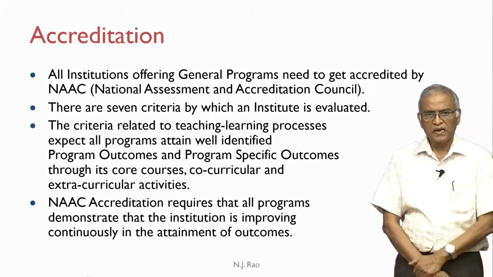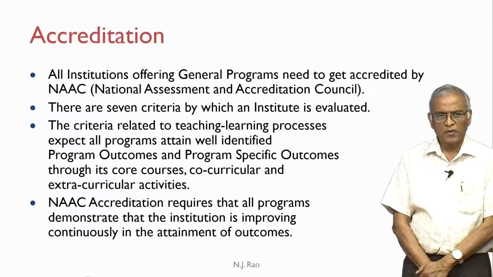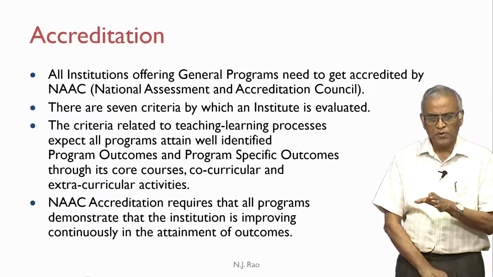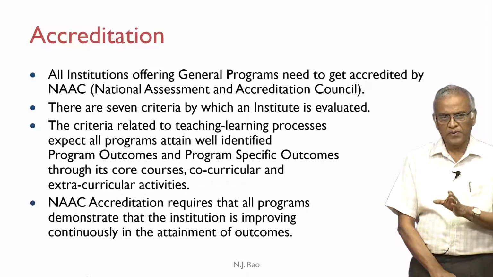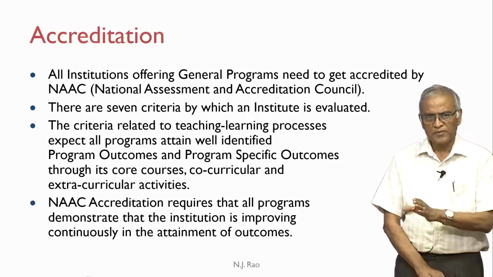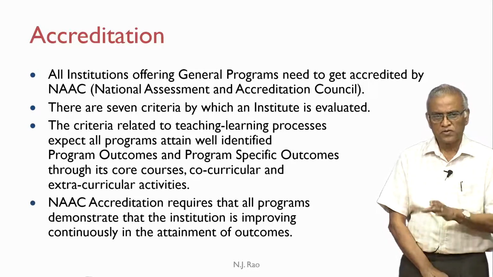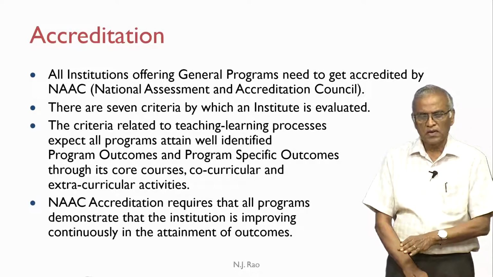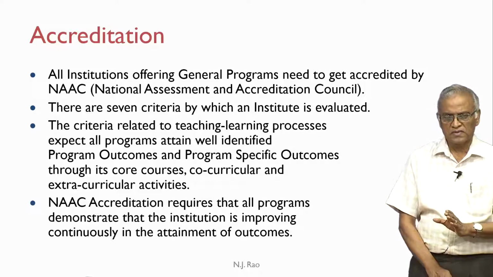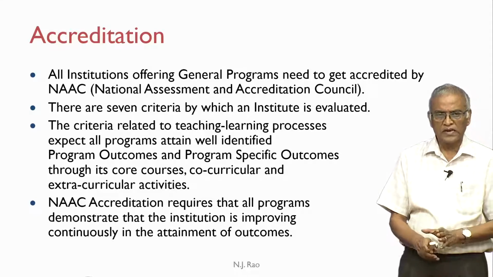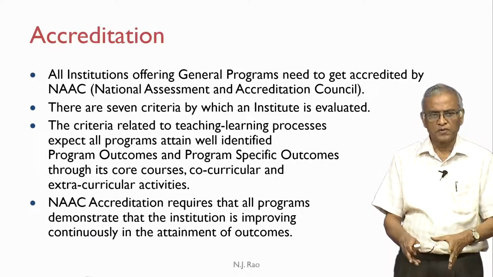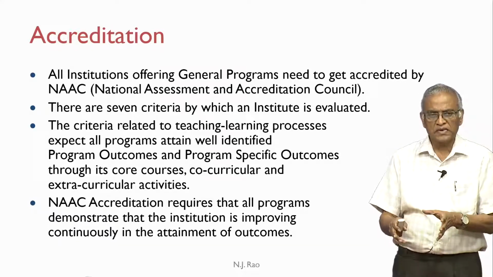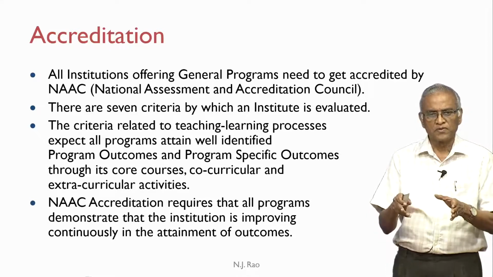And the criteria related to teaching and learning processes expect all programs first of all to attain well identified program outcomes and program specific outcomes through their core courses, co-curricular and extracurricular activities. So, there are several activities the students are involved in, and you try to compute how these activities are implemented to attain these POs and PSOs.